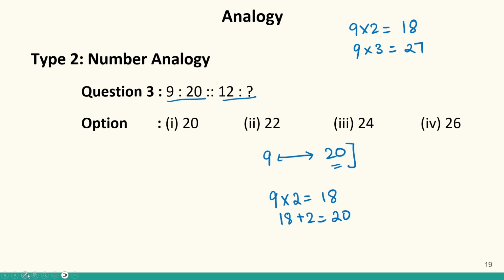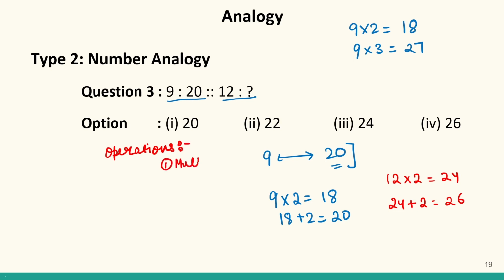Right? Let us do the same thing for 12. If I multiply 12 by 2, I'll get 24. And if I add 2 to 24, I'll get 26. So here I can see that two operations are being used.